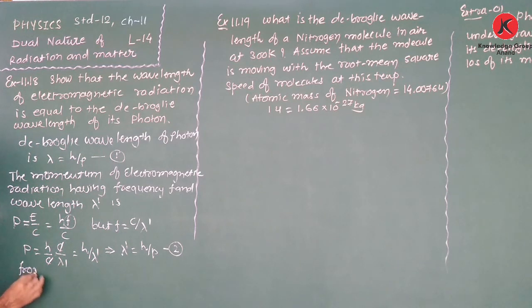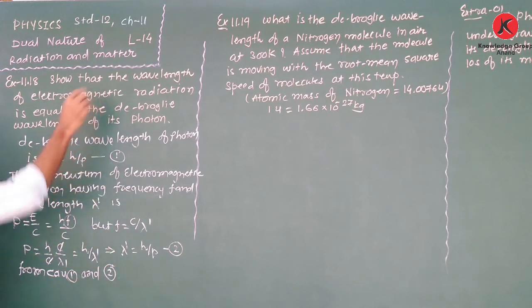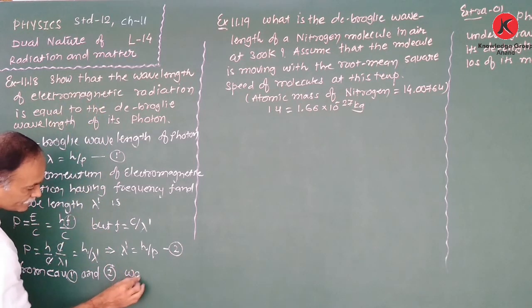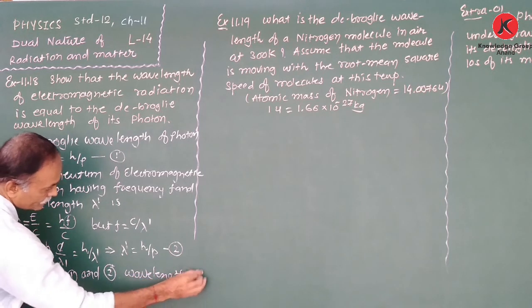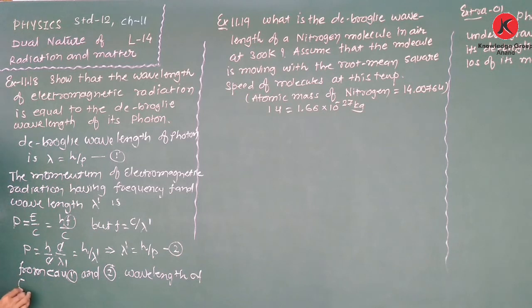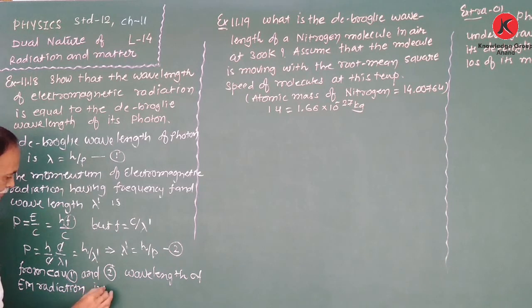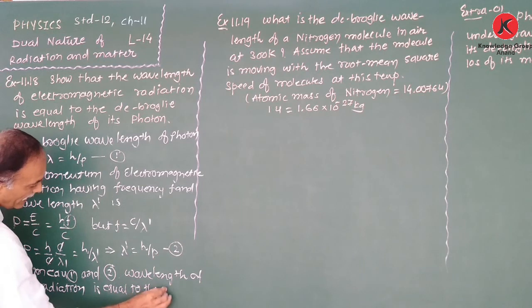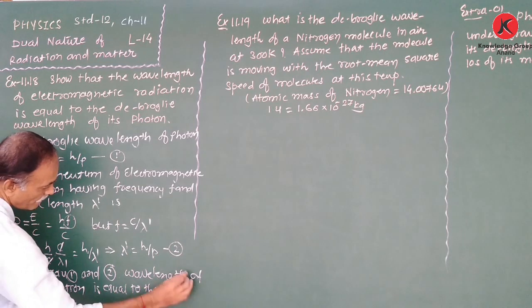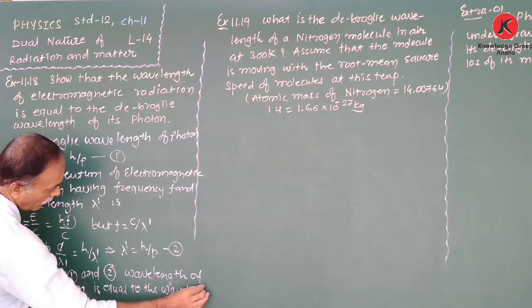From equation 1 and 2, the wavelength of electromagnetic radiation, EM radiation, is equal to the de Broglie wavelength of photon.